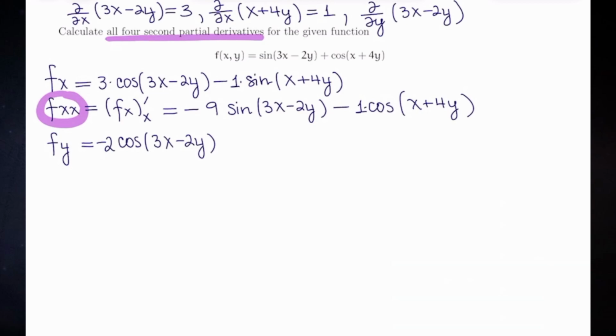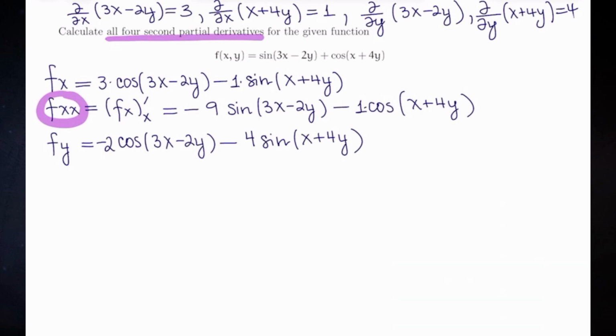Second portion: the derivative of cosine is negative sine of x plus 4y. The derivative of this argument with respect to y is 4. So my first partial with respect to y is negative 2 cosine of 3x minus 2y minus 4 sine of x plus 4y.